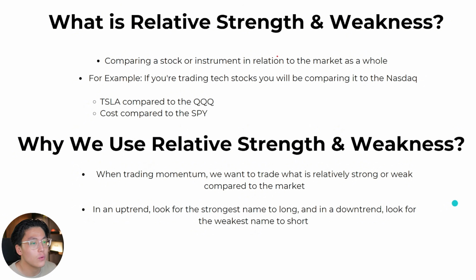So relative strength and weakness is essentially comparing a stock or instrument in relation to the market as a whole. For example, if you're trading the tech stocks, you'll be comparing it to the NASDAQ. So whenever we're trading an asset class or an instrument, we always want to compare it to something. That's a good way to gauge how strong of a name you're trading or how weak of a name you're trading.